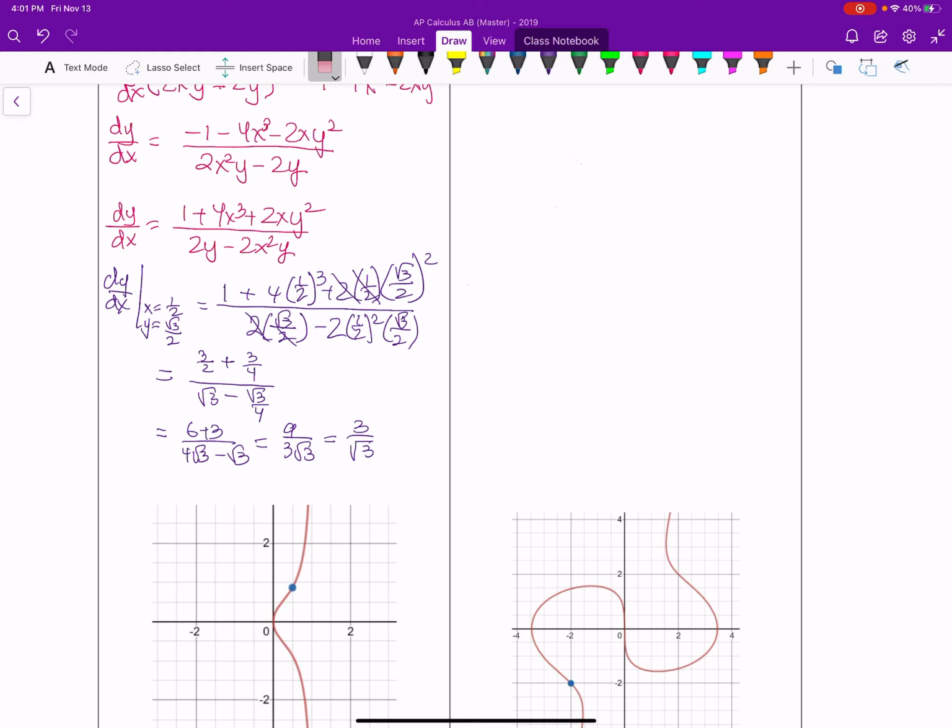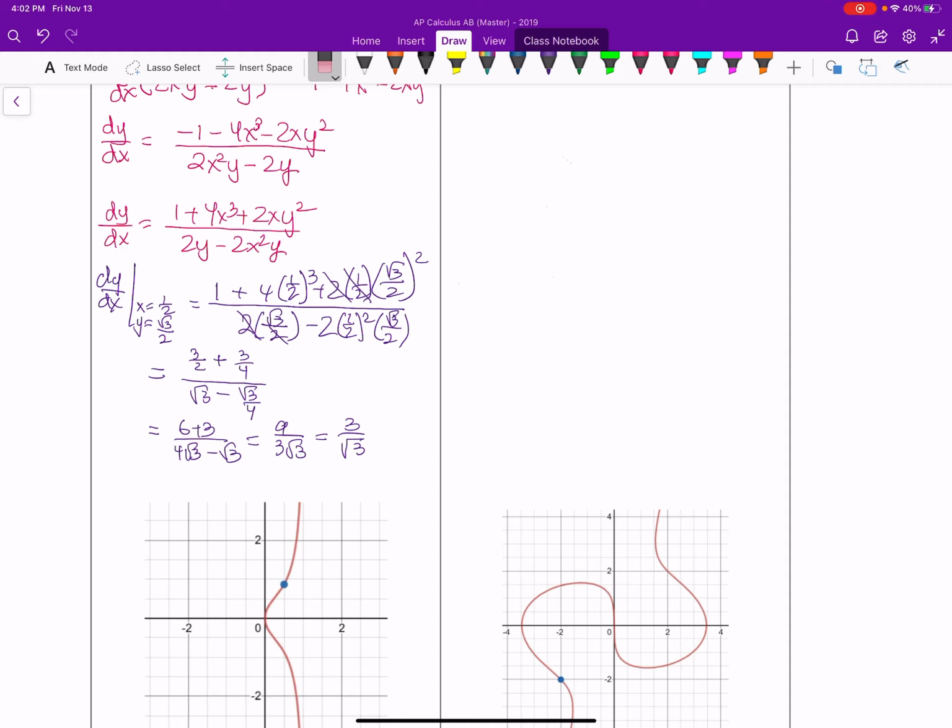Let's get that right. Okay. So make sure I do this right. Well, essentially, that's going to be just the square root of 3, because I could rationalize, I guess that would be easier. So all of that would be the square root of 3.